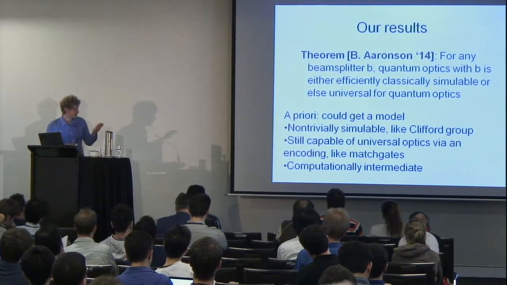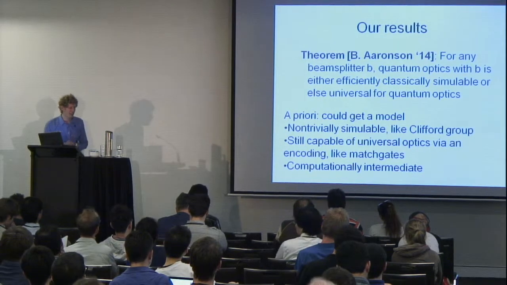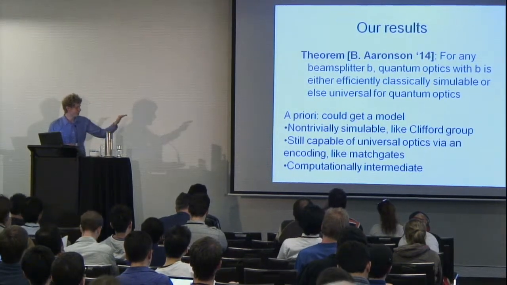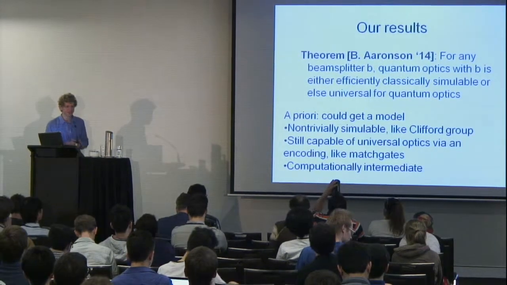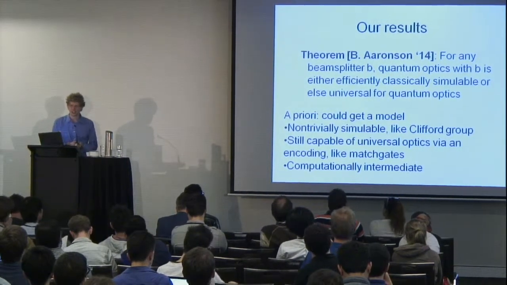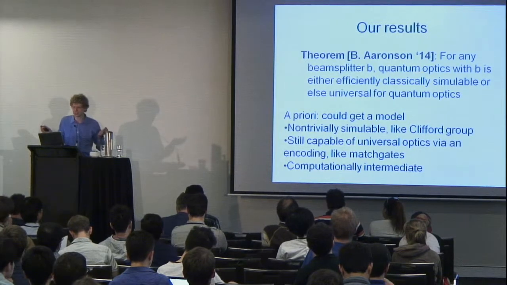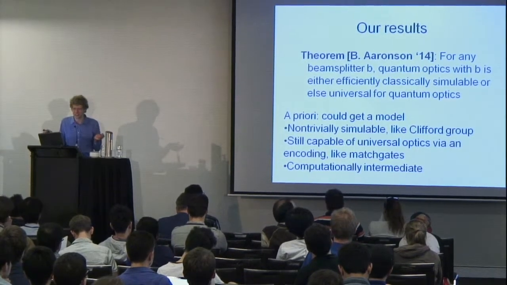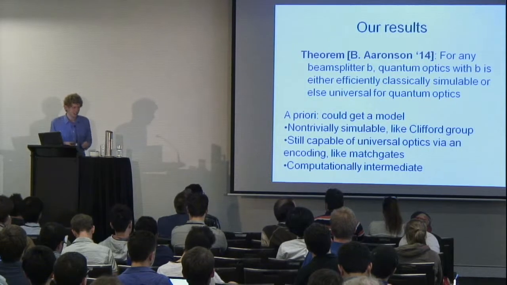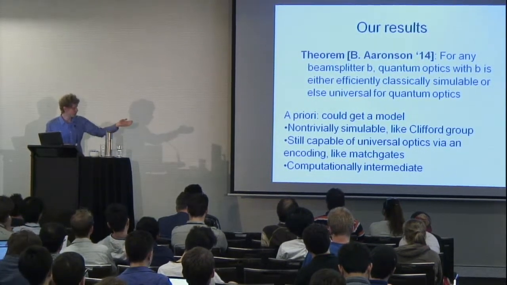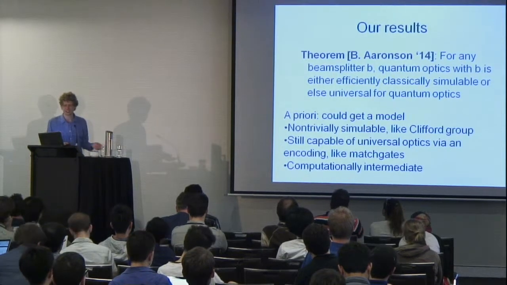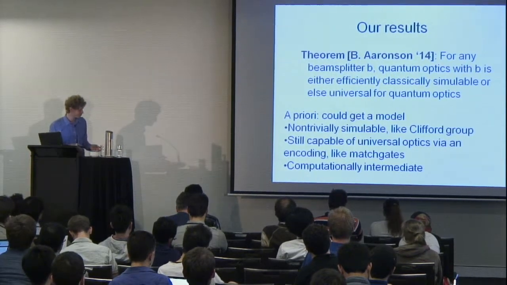So this is kind of strange because, a priori, you could have a lot of different outcomes here. For instance, you could have come up with some set of beam splitters which on larger and larger systems still generate some sort of discrete subset of unitaries, like the Clifford group on qubits. And you might be able to come up with some sort of interesting classical simulation of that subset.